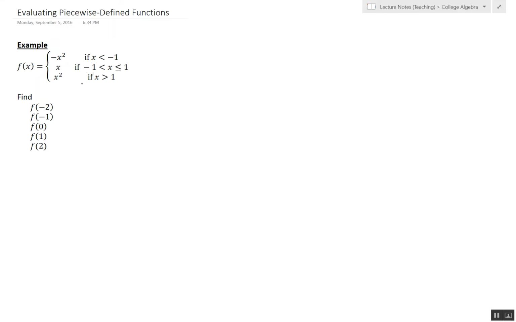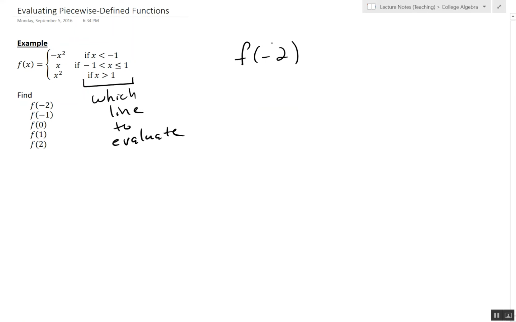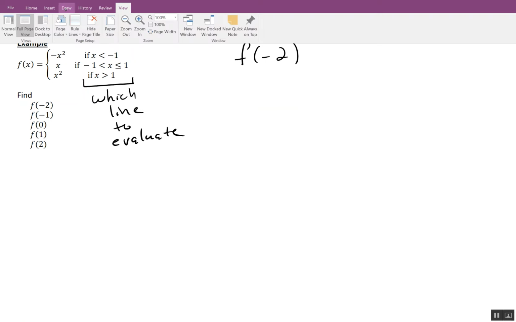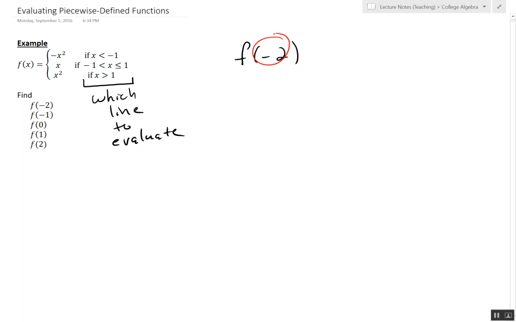So this is our domain of definition, and notice that tells us which line to use. A lot of people confuse this with the actual evaluation itself. All we do when we look at f of negative 2, for example, is take this negative 2 and see which one of these three inequalities it satisfies.